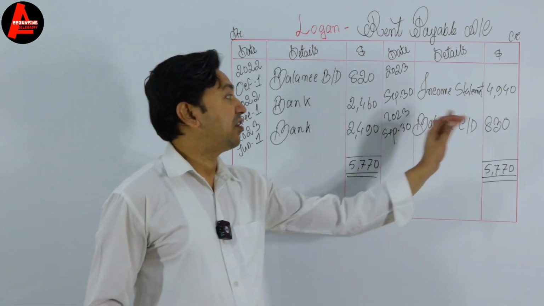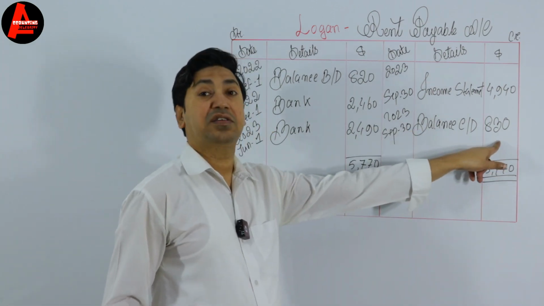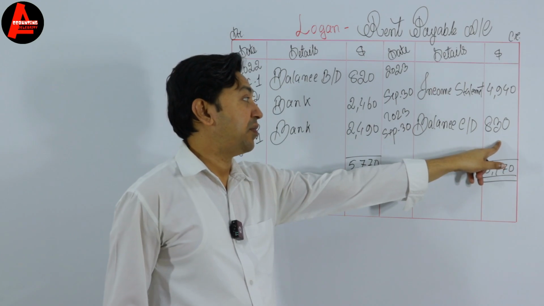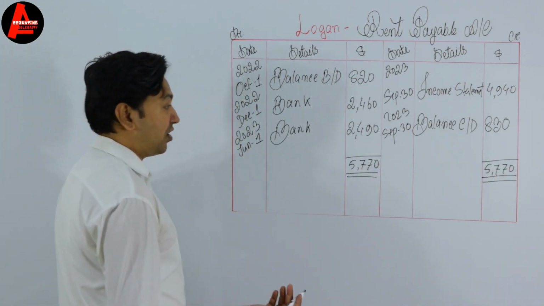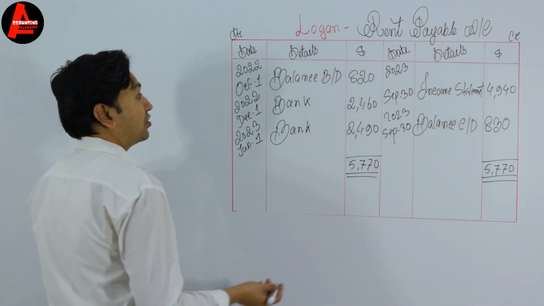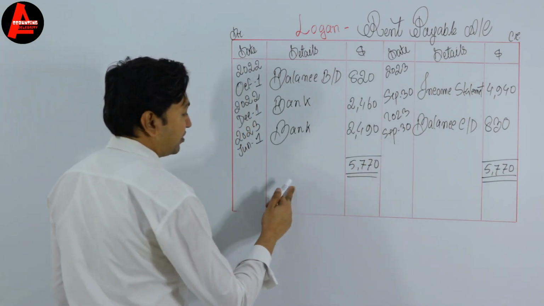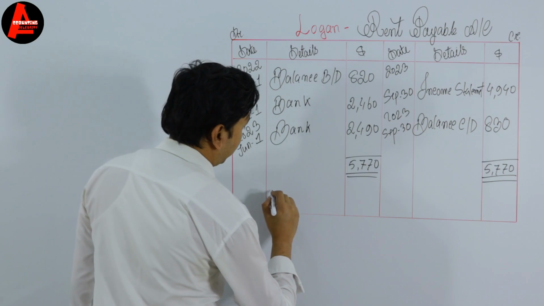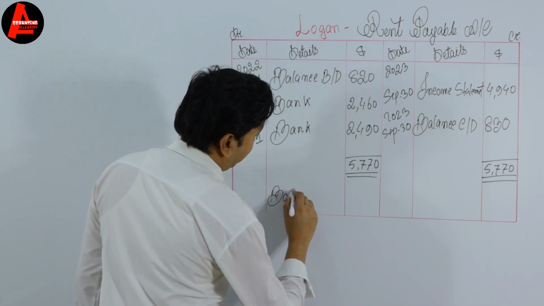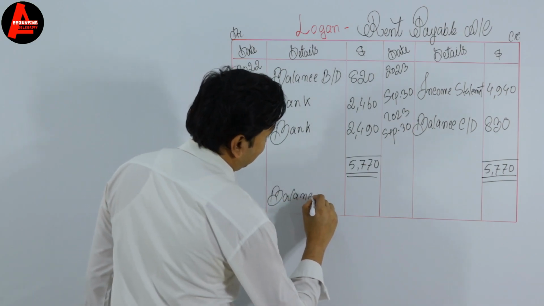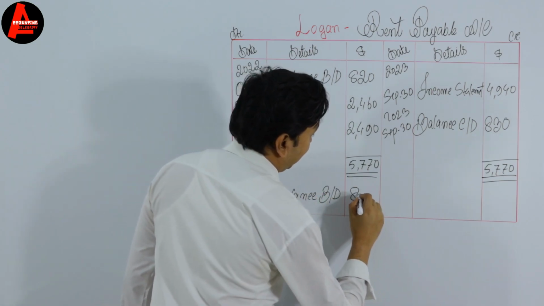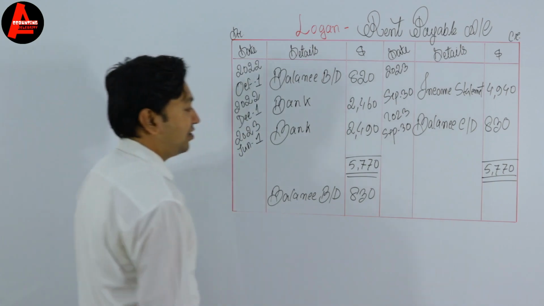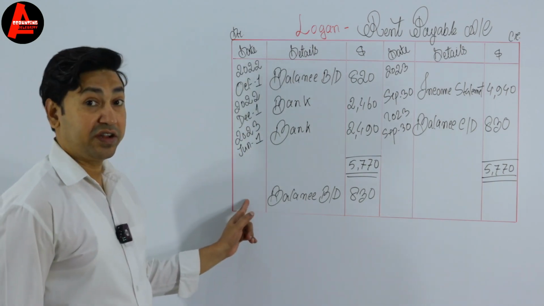On the credit side we carried down the balance, and we bring down the balance on the opposite side. Balance CD and BD cannot come on the same side. So below the total on the opposite side we write balance BD, same amount, $830.